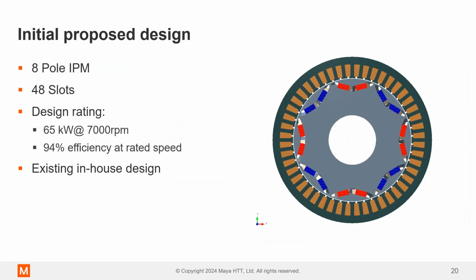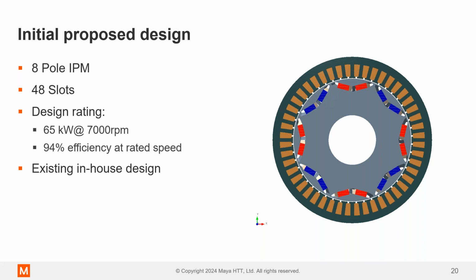So for our project, we already found a design that was in the Maya HGT library of designs we had worked on previously for an 8-pole, 48-slot IPM design, rated out at 65 kilowatts when it was running at 7,000 RPM, and at this peak efficiency around 94%, which was bang on where we wanted it to be.